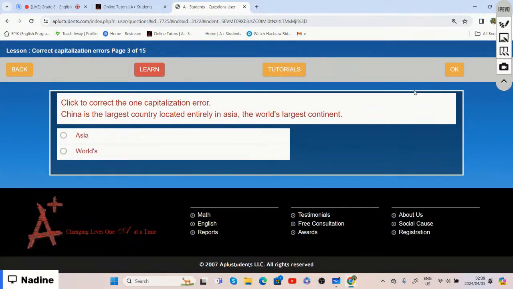Then, China is the largest country located entirely in Asia, the world's largest continent. We need to capitalize the one area that you see. Is it Asia or world?